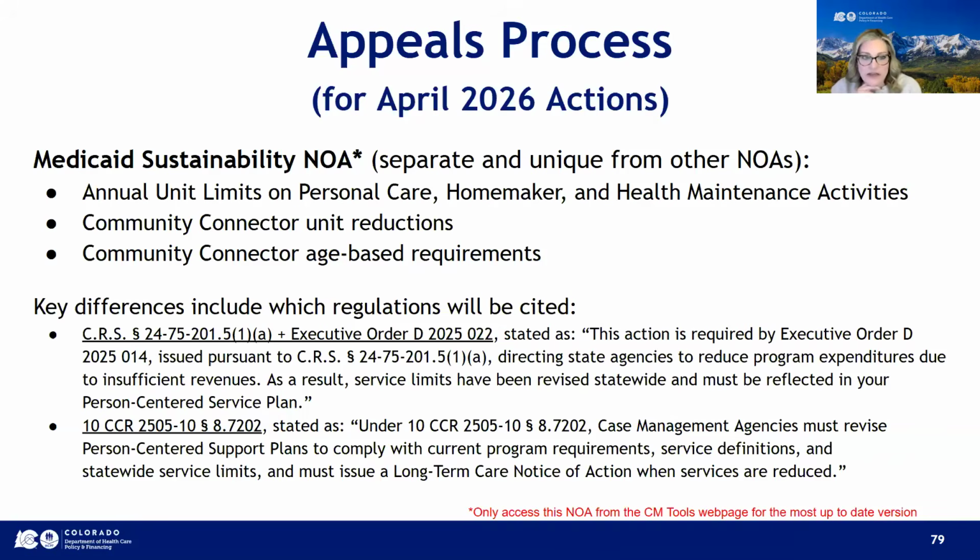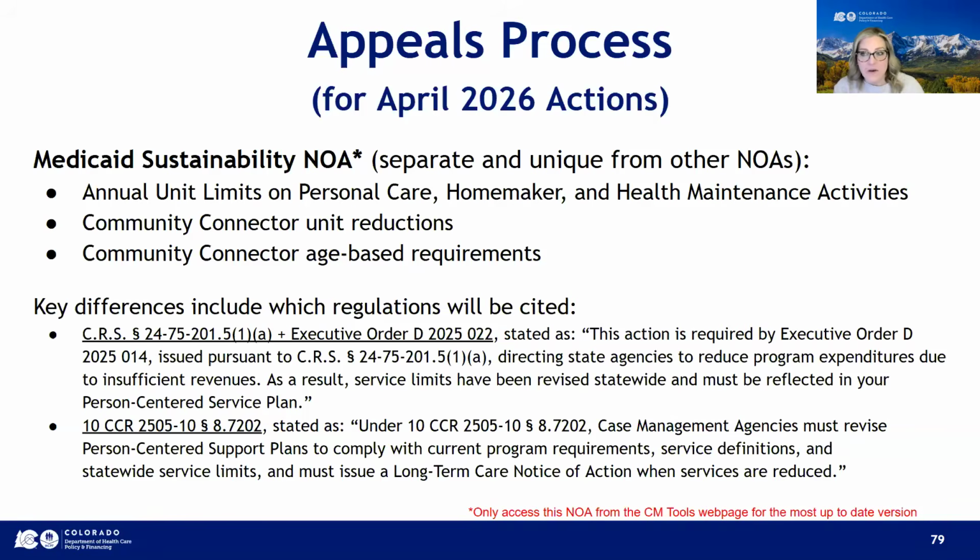This is a separate and unique notice of action that is different than the current notice of actions that you have. In order to assist you guys with this process and make it abundantly clear when you're taking actions based on these Medicaid sustainability actions, we have created this separate notice of action called Medicaid Sustainability NOA.